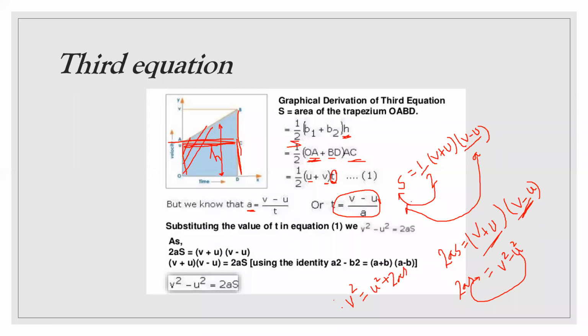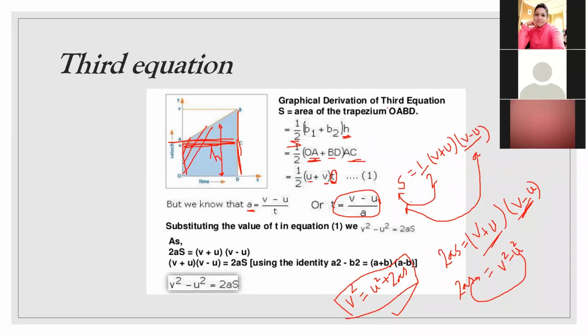This is our third equation of motion. Got it? Any confusion in this third equation of motion? Yes, Dhruv, by the formula of a square minus b square. Clear everybody?